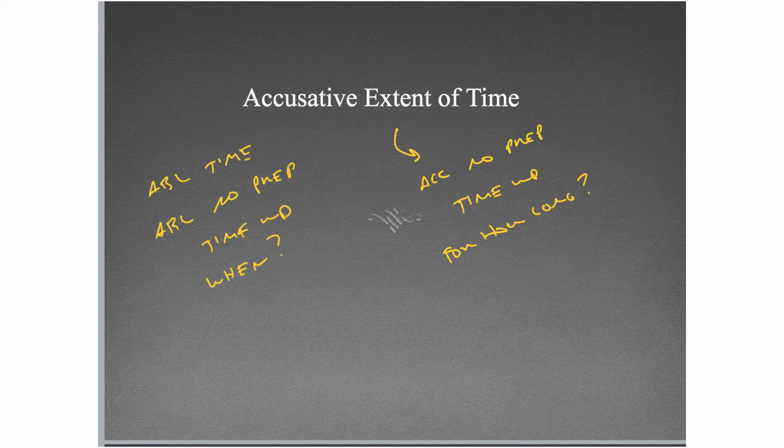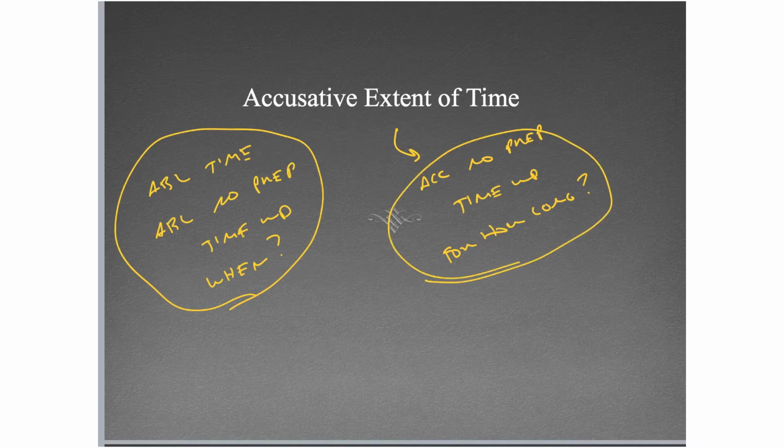All right. I went running on the third day of the month. On the third day, that's my ablative of time, right? When did you go running? On the third day of the month. For how long did you go running? For 3 hours. So on the third day, ablative of time, answers the question when. For 3 hours, accusative extent of time, answers the question for how long.